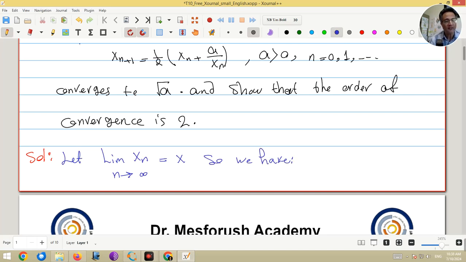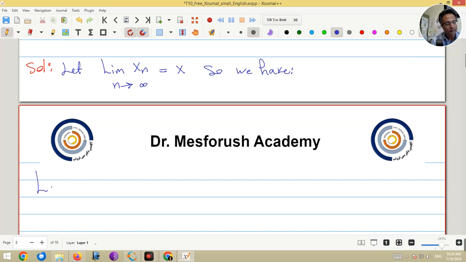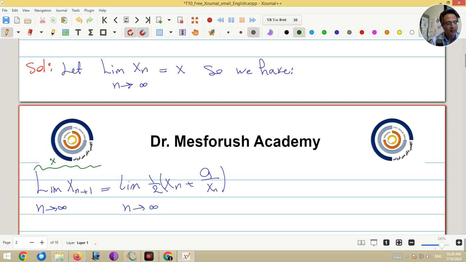If you take the limit from both sides and let n go to infinity, we will have the limit of x_{n+1} equal to the limit of 1/2 (x_n + a/x_n).